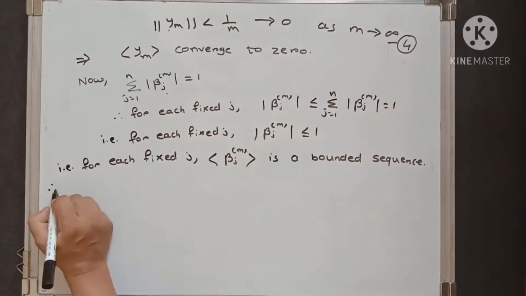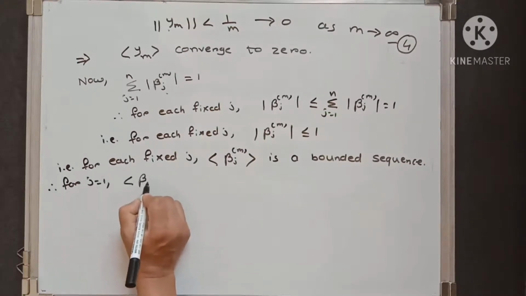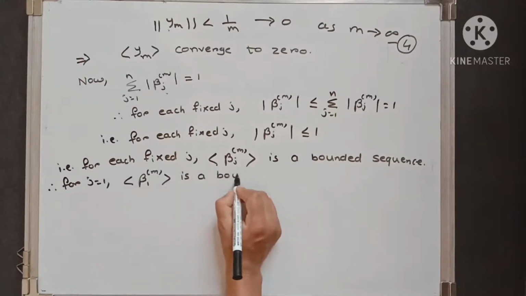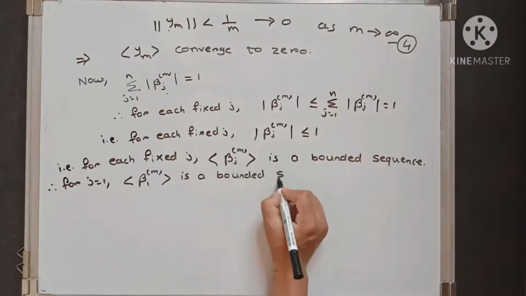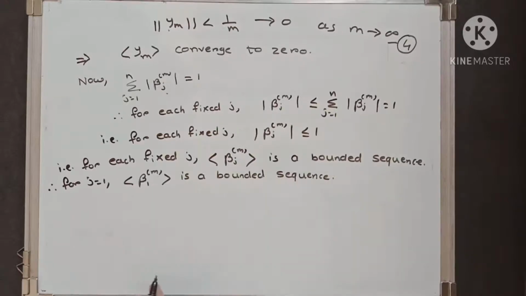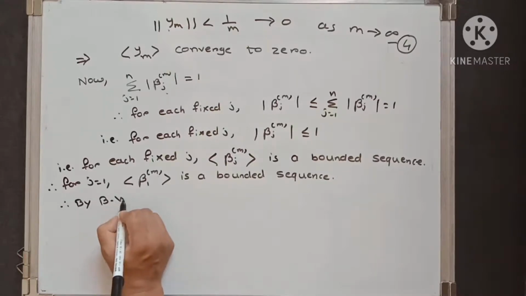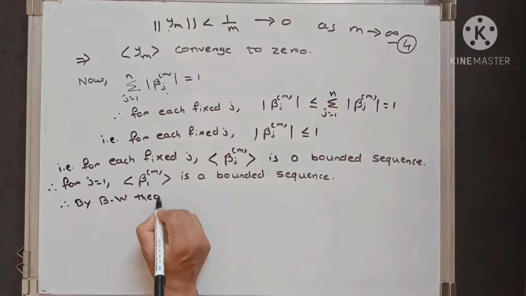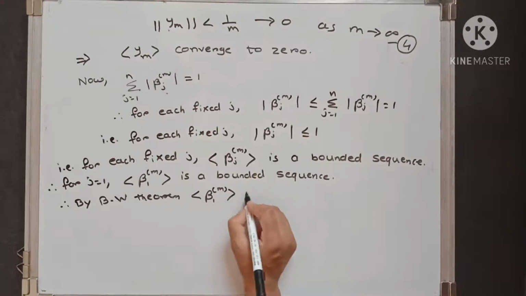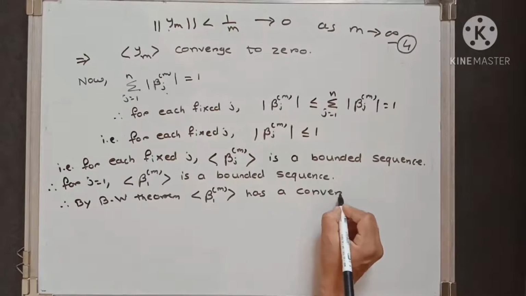Now we are taking j equals 1. Therefore for j equals 1 the sequence beta 1m is a bounded sequence, and therefore by the Bolzano-Weierstrass theorem this sequence has a convergent subsequence.